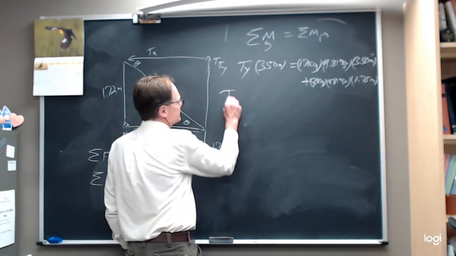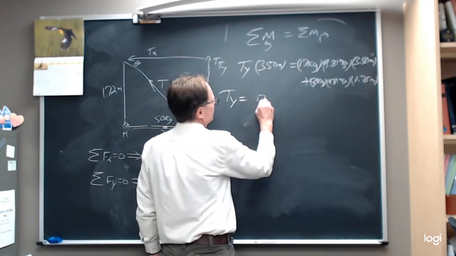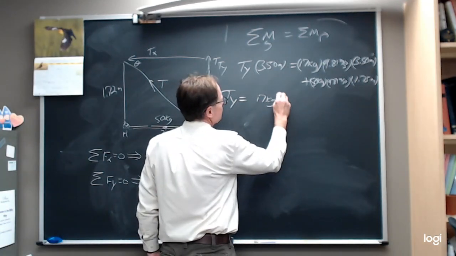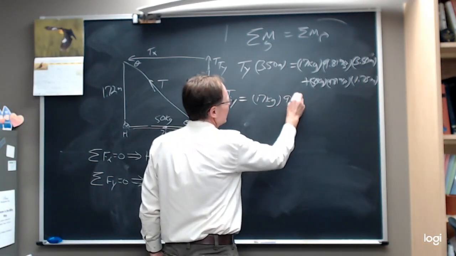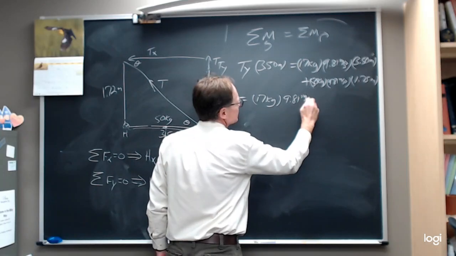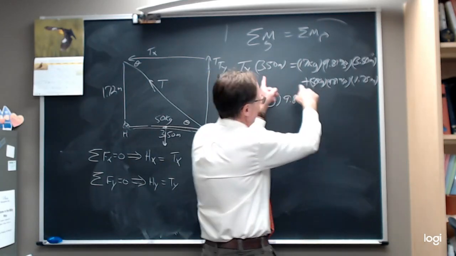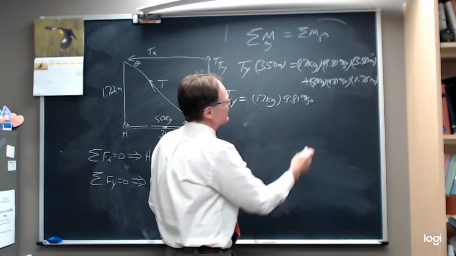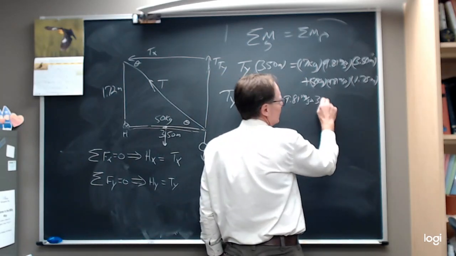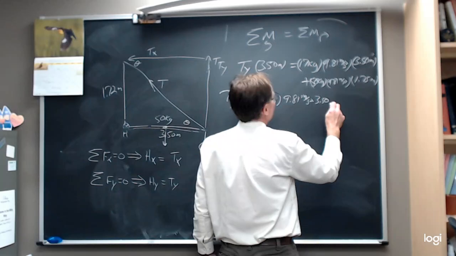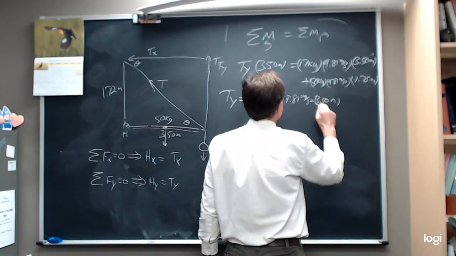We can say T sub y is equal to 17 kilograms times 9.81 meters per second squared, and the 3.5 comes around. We're going to divide it through on the other side. I was going to be fancy and not do it, but let's do it.